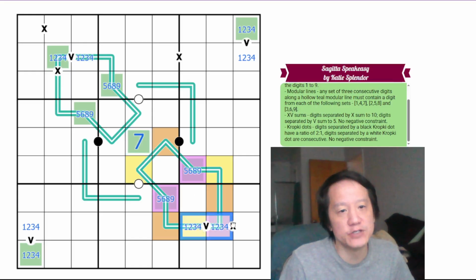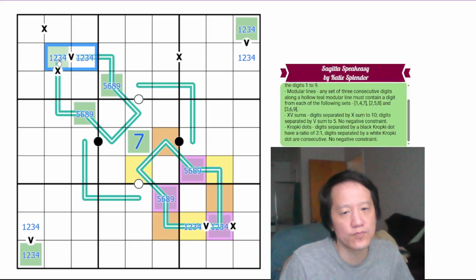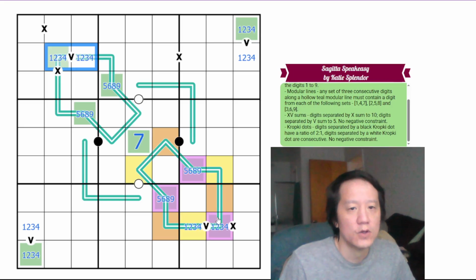These are different modulo sets, and these are different modulo sets. What else do we know from this? These are in 1 to 2 ratios.